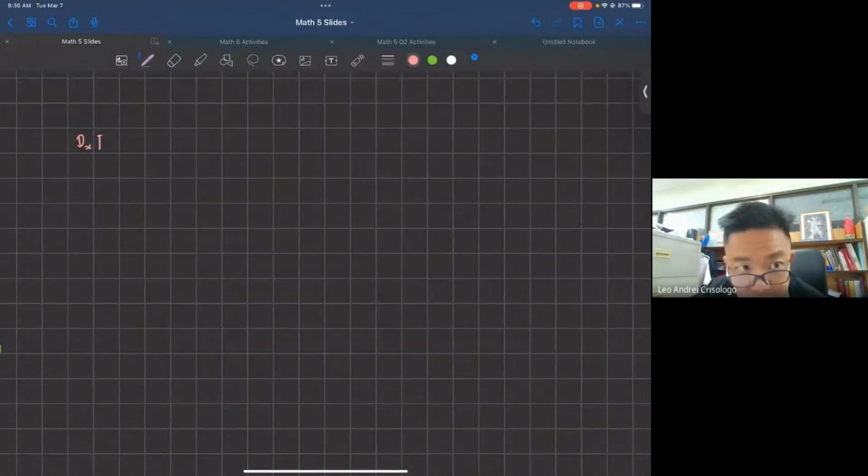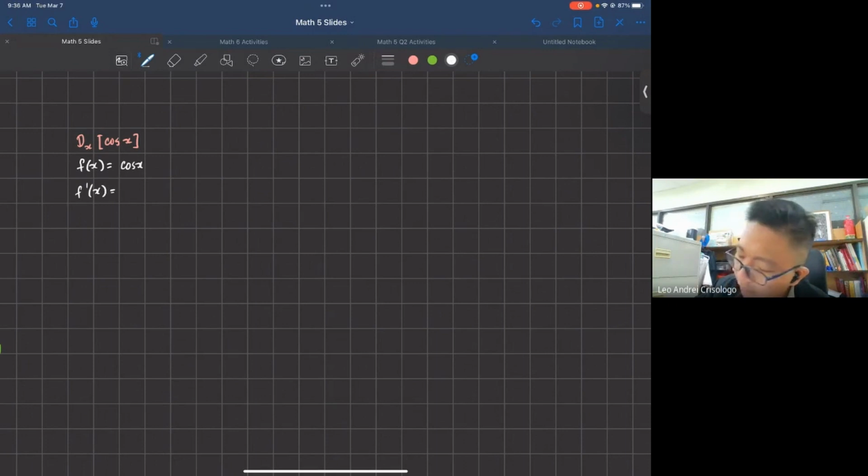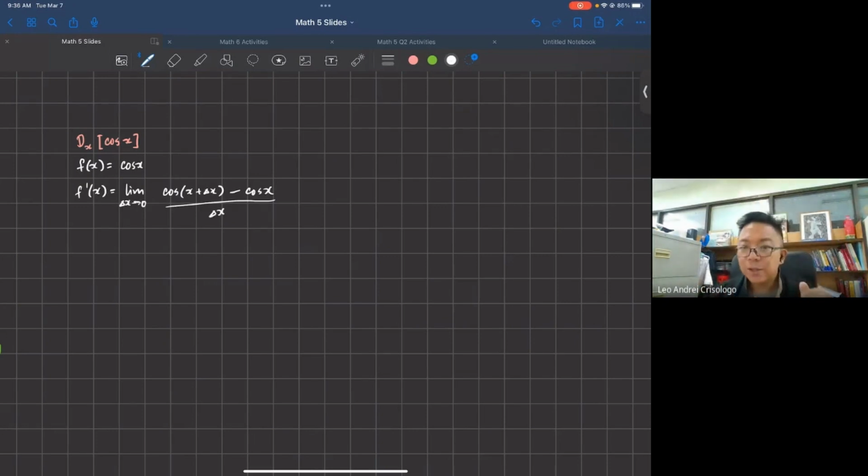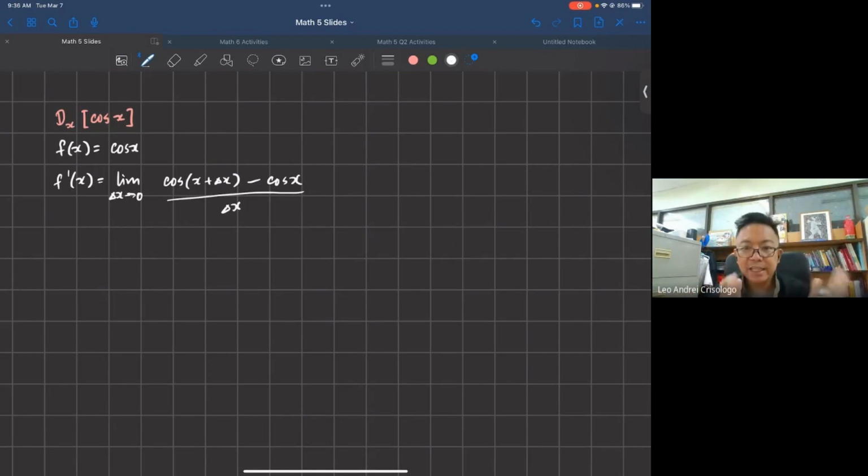Want to find the derivative of cosine. So we'll start with f of x equals cosine x. And so f prime of x is the limit as delta x approaches 0 of cosine of x plus delta x minus cosine x all over delta x. So again, meron na naman tayong trig sum, like cosine of x plus delta x.